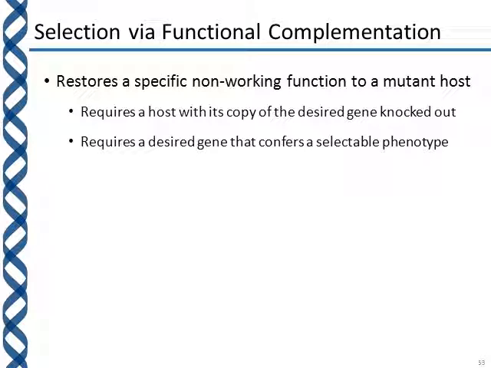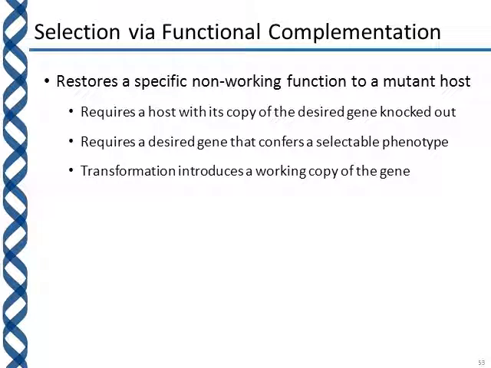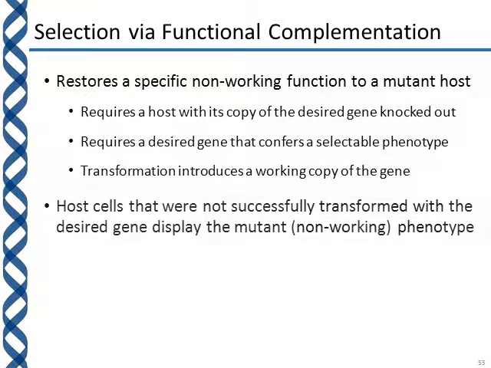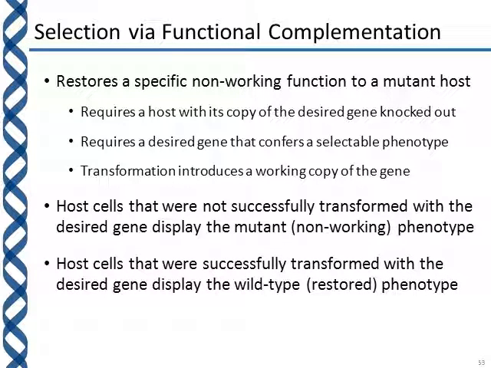It requires a desired gene that confers the selectable phenotype. And transformation introduces a working copy of that gene. The host cells that were not successfully transformed with the desired gene displayed the mutant or non-working phenotype. In contrast, host cells that were successfully transformed with the desired gene displayed the wild type or restored phenotype.